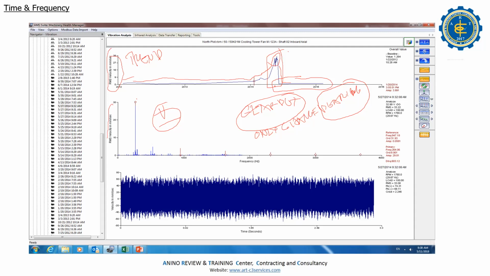And what was the bearing type, sir? Anti-friction. I don't know the name of that bearing, but normally we use SKF bearings. It was around 2013, 2014, almost 3 years, and that's when the bearing failed.